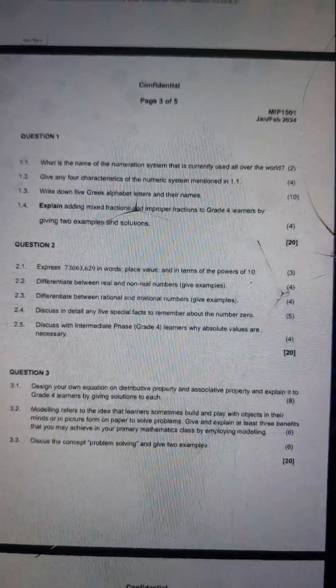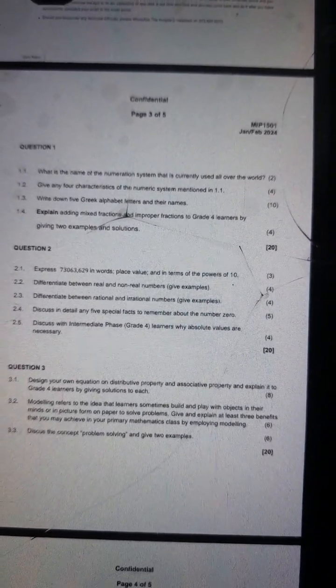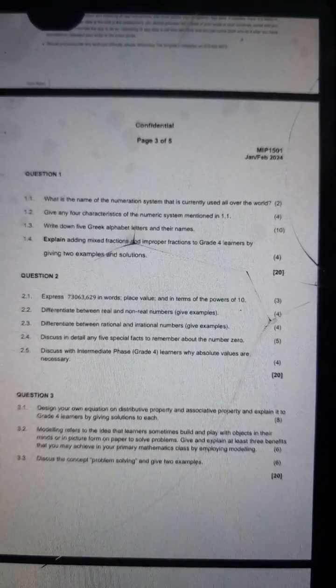Discuss in detail any 5 special facts to remember about the number 0. Well, the special facts about number 0: first, 0 is an identity element.